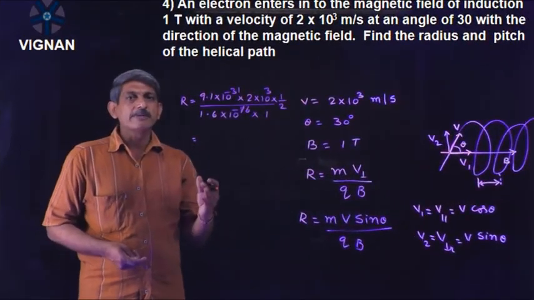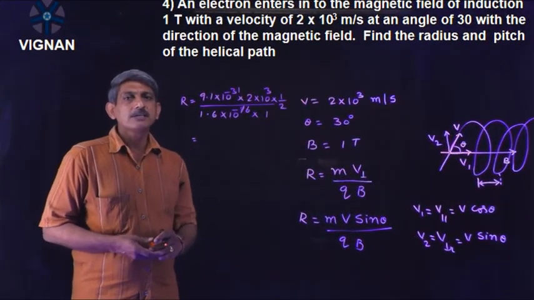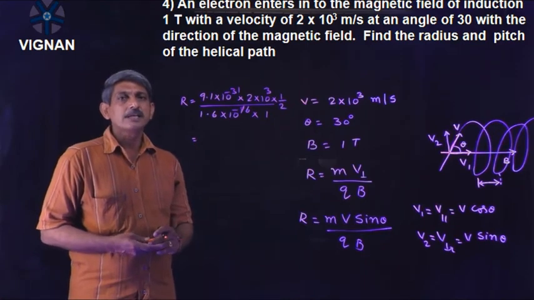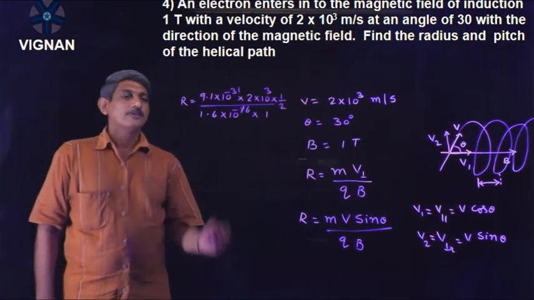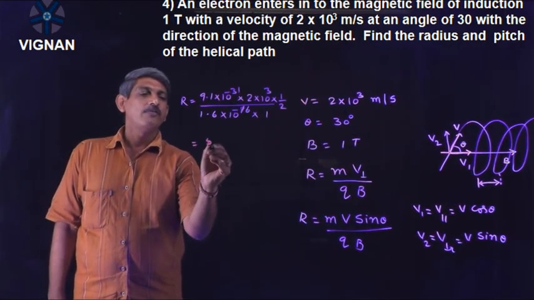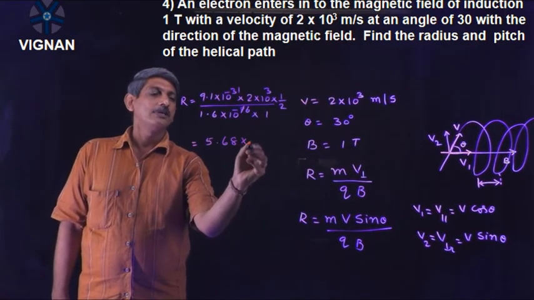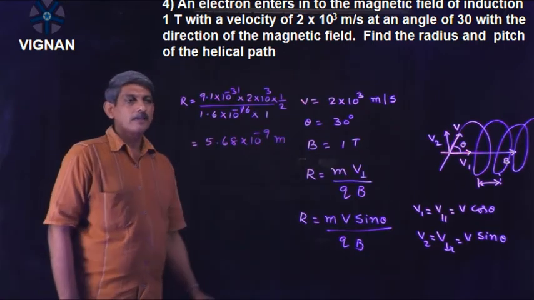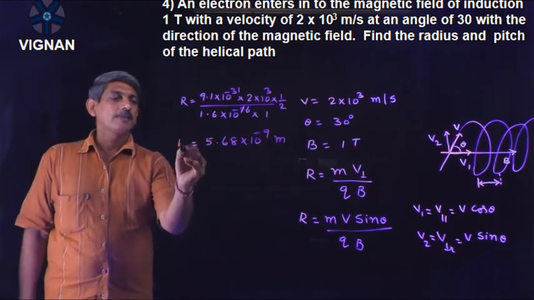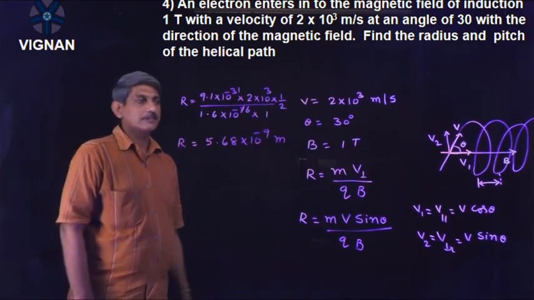By making the mathematical simplification, the radius of the circular path described by the particle is found to be 5.68 into 10 to the power of minus 9 meters. Okay, this is the radius of the circular path.